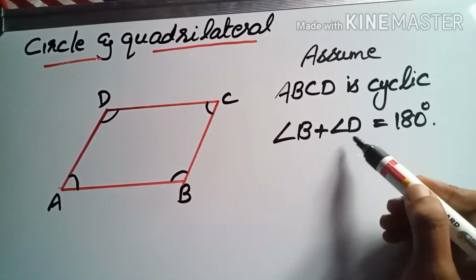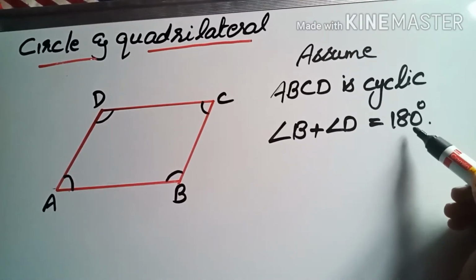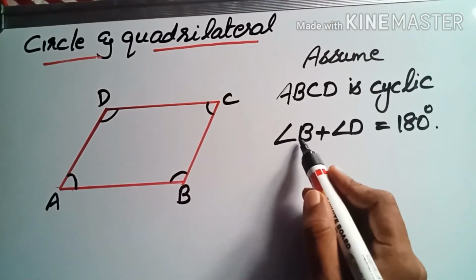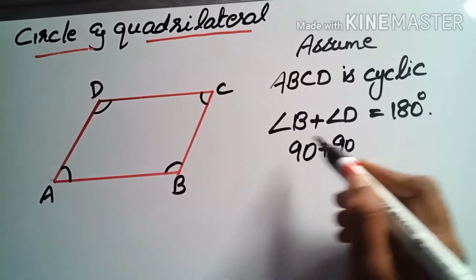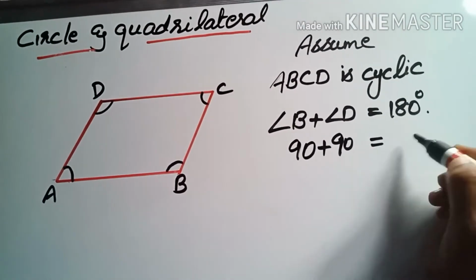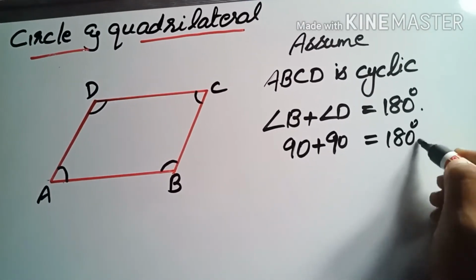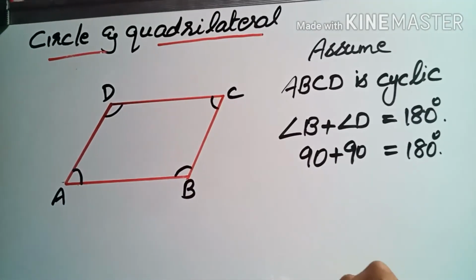So these two being equal, what will the angles be here? In order to get the sum as 180 degrees, angle B and angle D must be what? 90 degrees. They must be equal and the sum must be 180 degrees. So 90 plus 90 equals 180 degrees. Is it possible for this parallelogram?